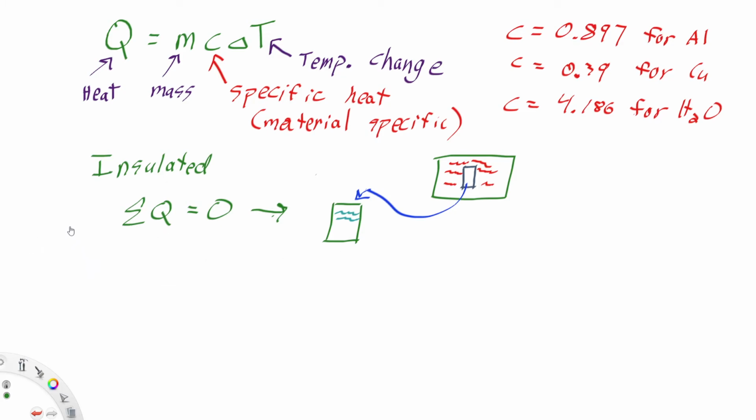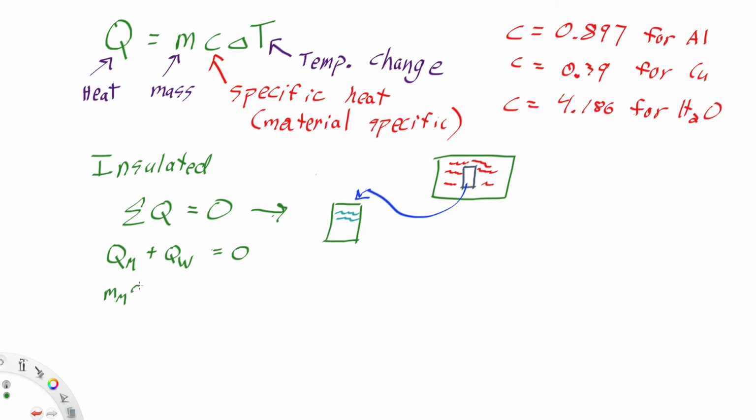So if we do something like this, we've got something like the heat lost by the hot metal, plus the heat gained by that room temperature water, should equal 0. We know the mass of the metal cylinder because we measured it ahead of time.